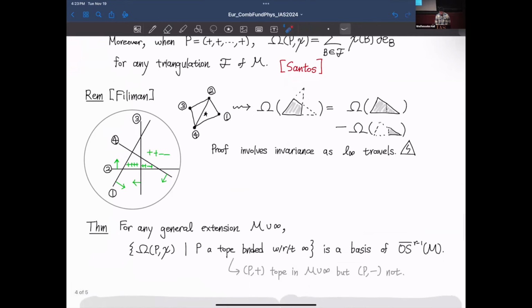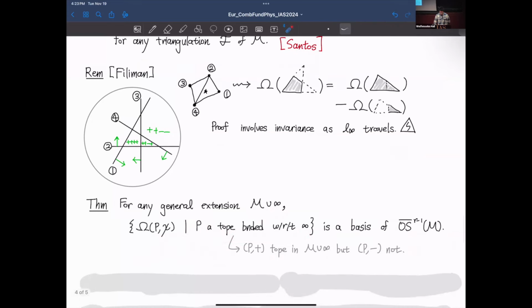And the statement is that once I fix any general extension, then it makes sense in the oriented matroid sense what a bounded tope with respect to that additional, possibly non-realizable, hyperplane at infinity is. It can be stated this way: the topes bounded with respect to that form a basis of the top degree part of the Euler orthogonal algebra.